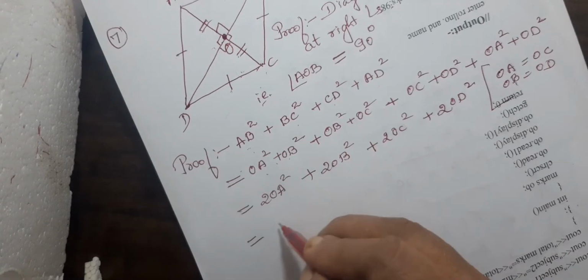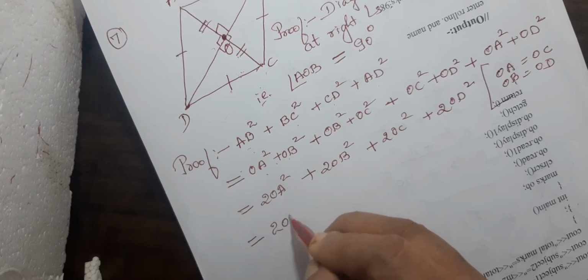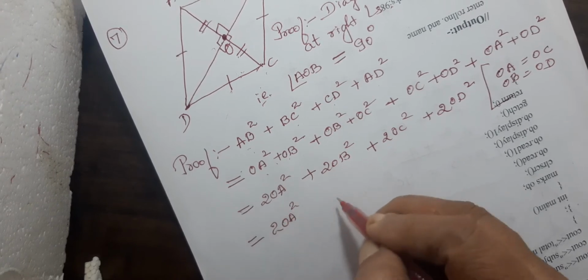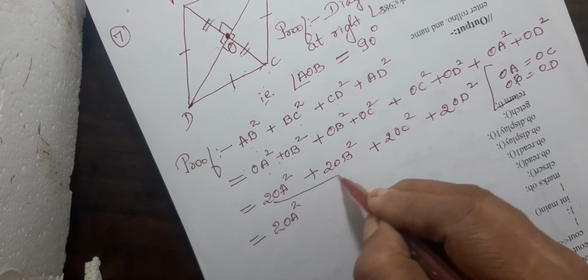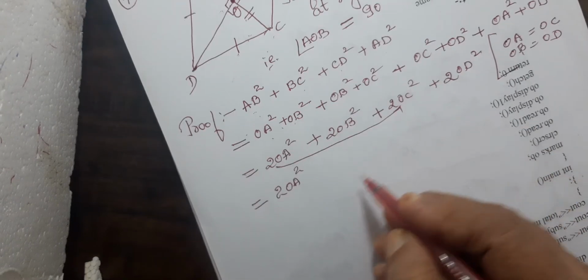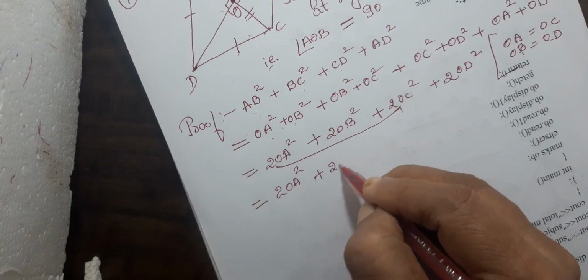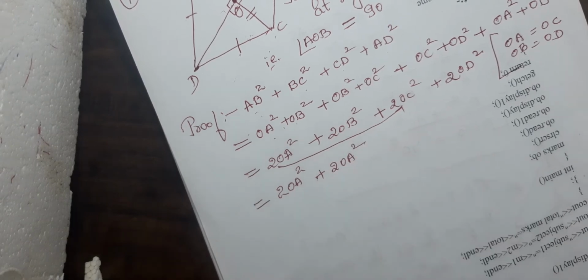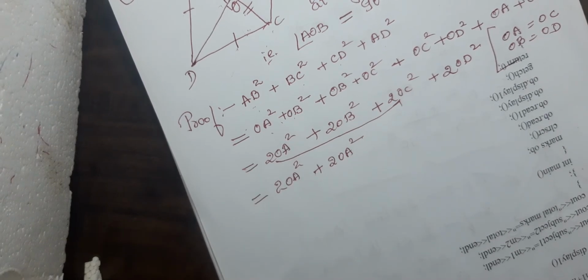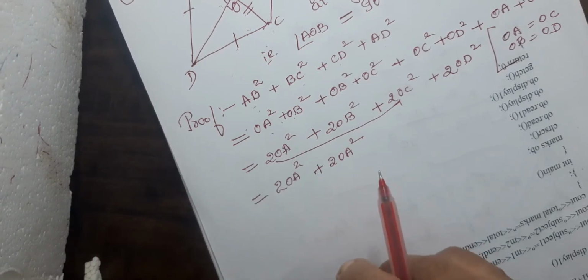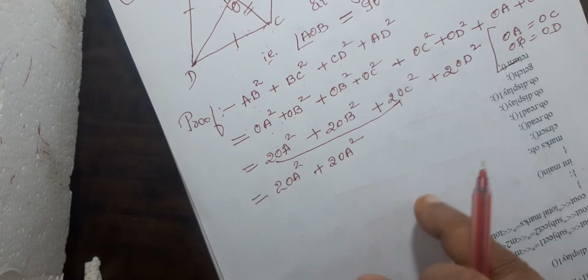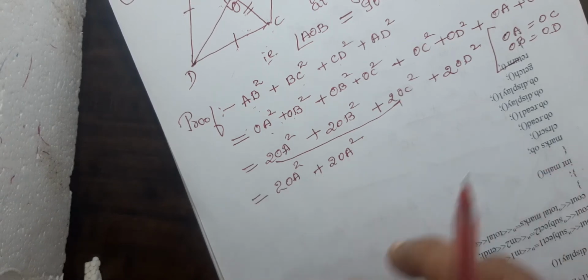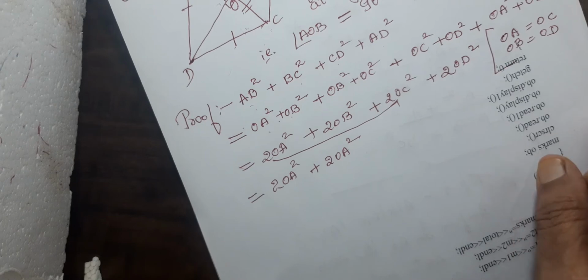That is why, instead of 2 OC squared, I will just mark like this, I will write it as 2 OA squared only. Why? Because OA is equal to OC. In maths, if you know that OA is equal to OC, instead of OC I can write OA only, because they are equal.